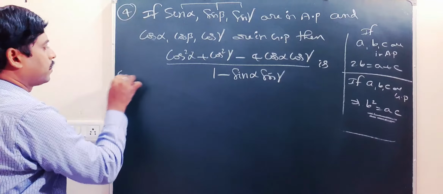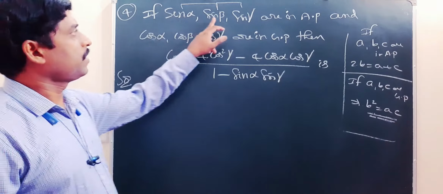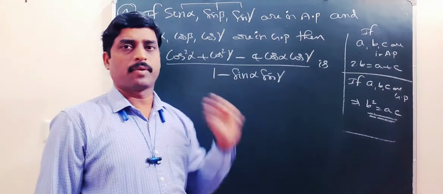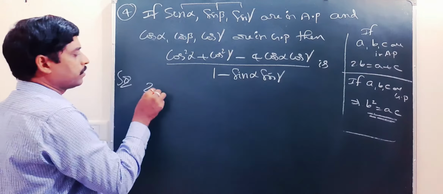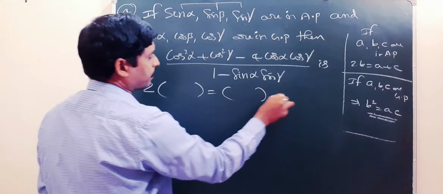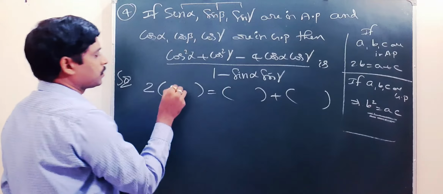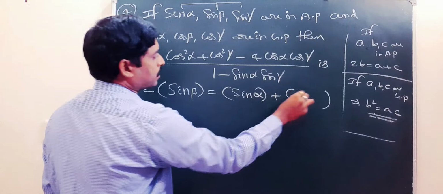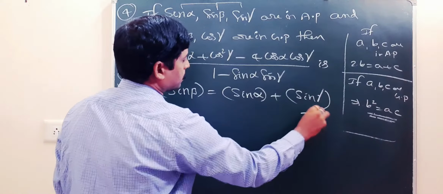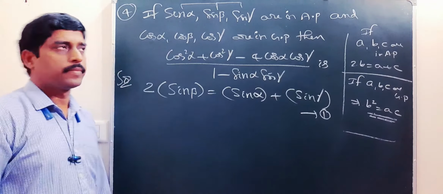Okay, so what is the given condition? Sin alpha, sin beta, sin gamma are in arithmetic progression. So we apply the formula 2b equal to A plus C, where 2 sin beta equal to sin alpha plus sin gamma. Let us take this as equation 1.